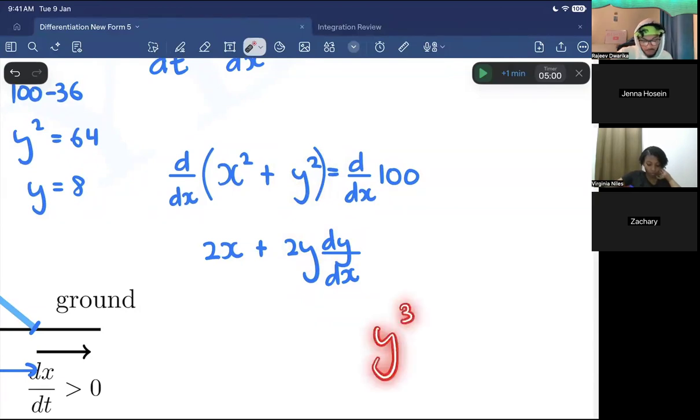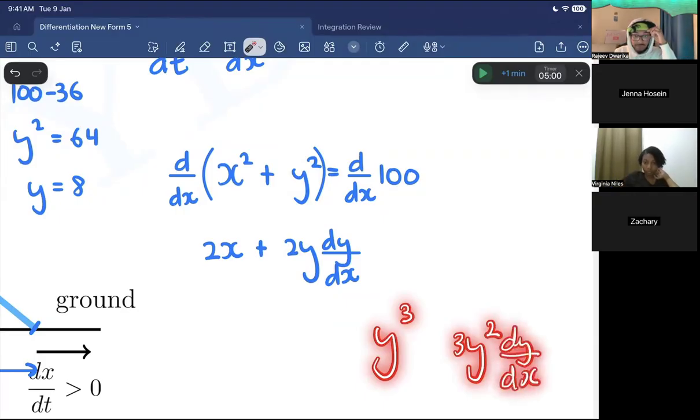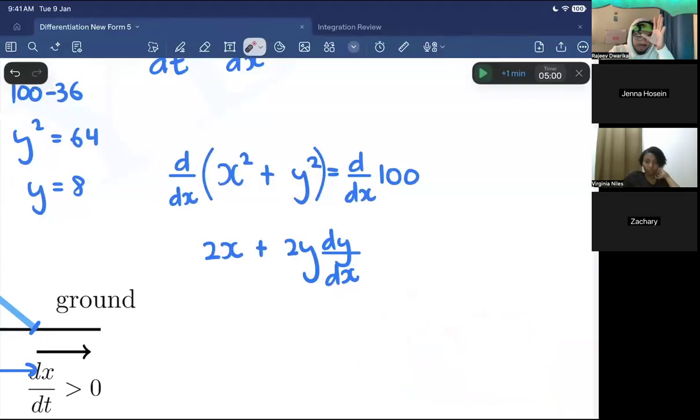If I had to differentiate y cubed, what would that be? 3y squared, sorry. And I just differentiated that y function in terms of what? In terms of x, so you put on the dy/dx. If you do an implicit differentiation, you do that. One more: if you had to differentiate 7y squared implicitly with respect to x, what would you get?